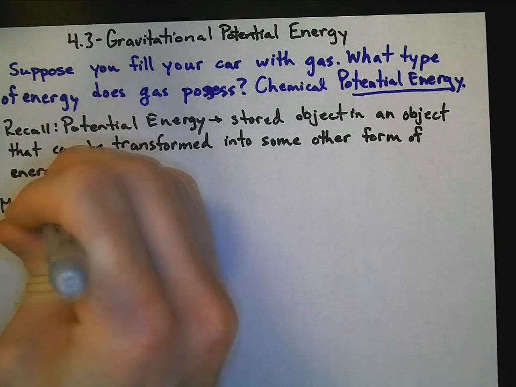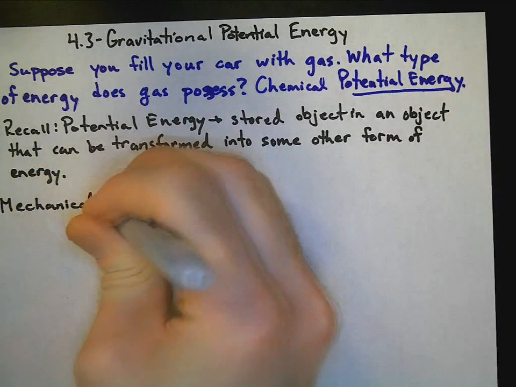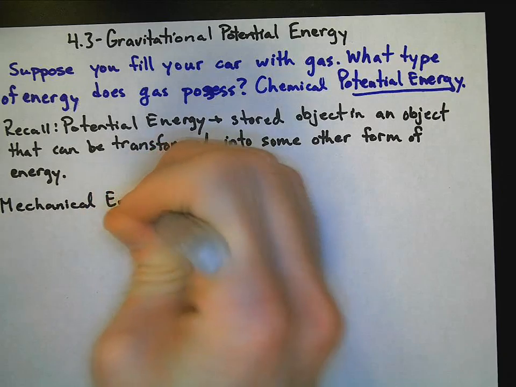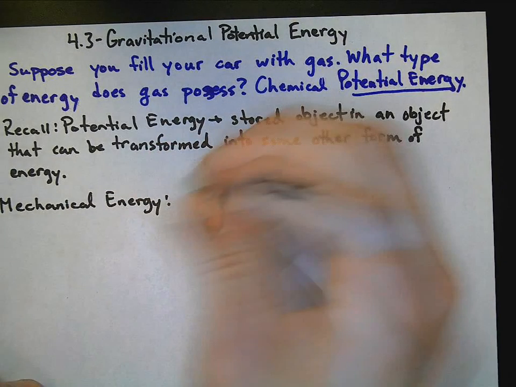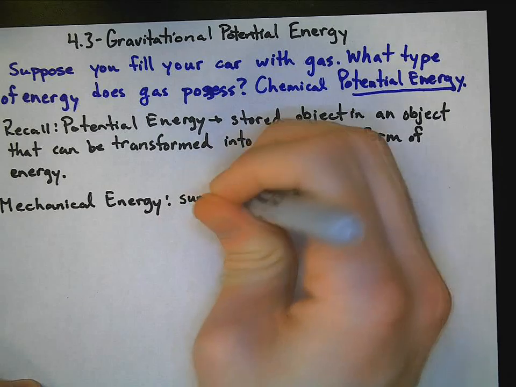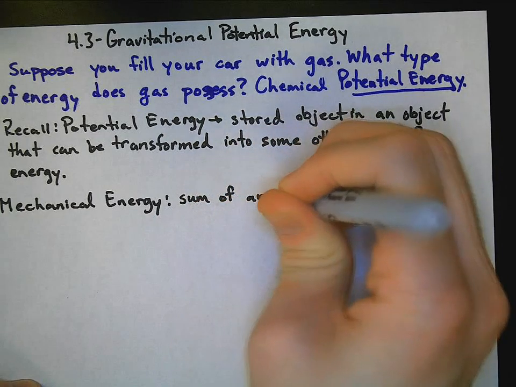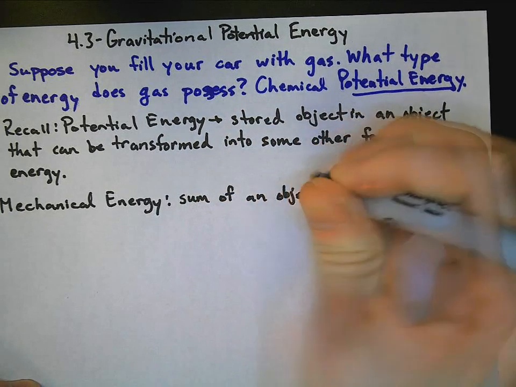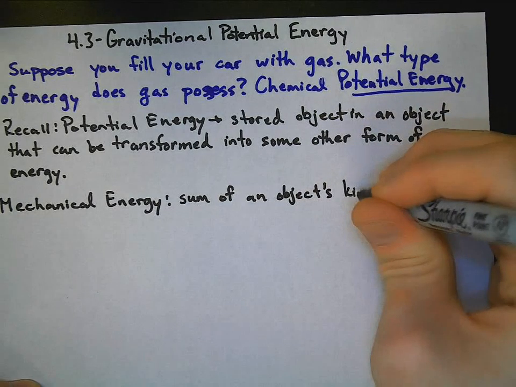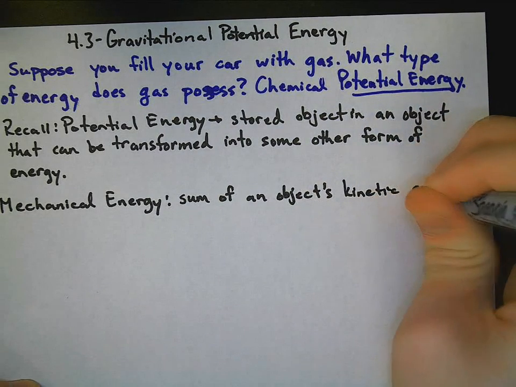Remember as well from grade 11 mechanical energy, and when we talk about mechanical energy, what does that mean? We are talking about the sum of an object's kinetic and potential energies.